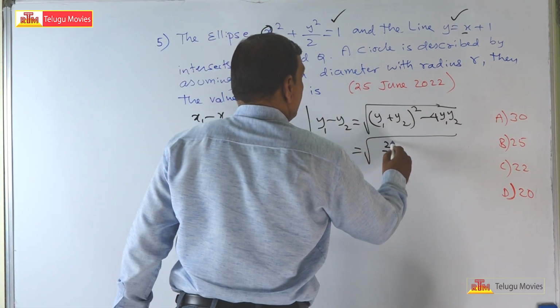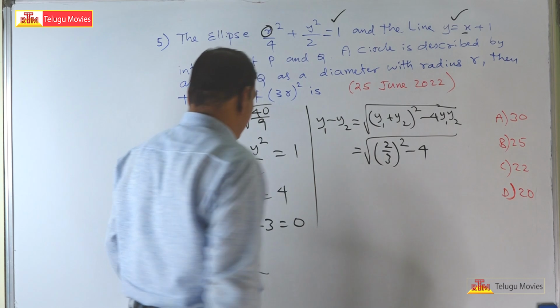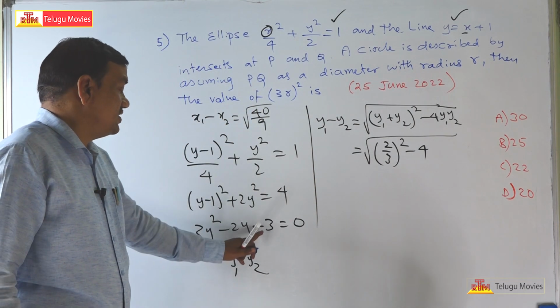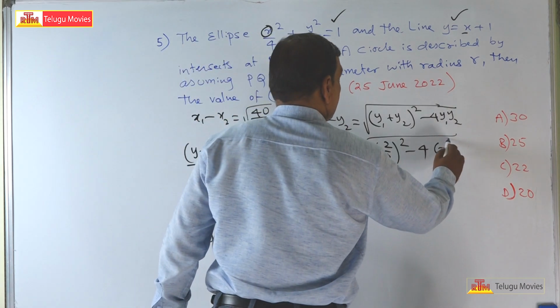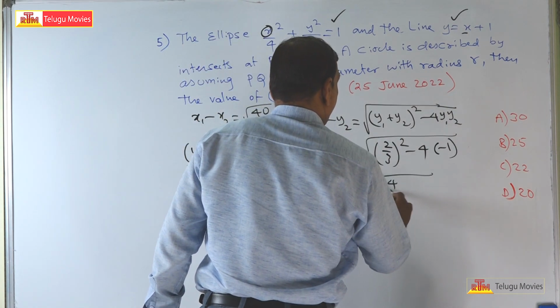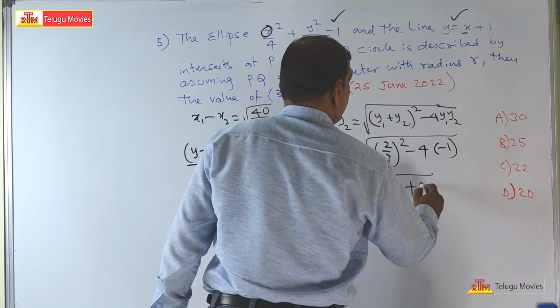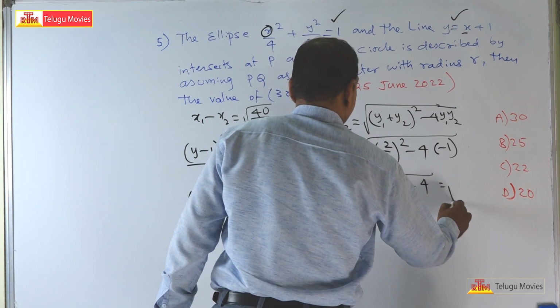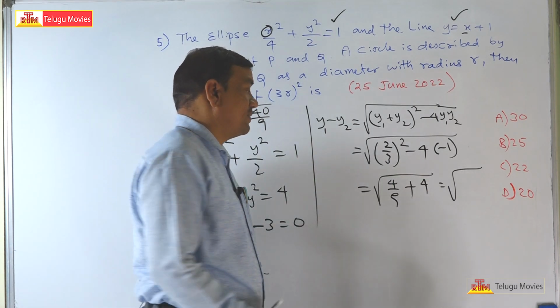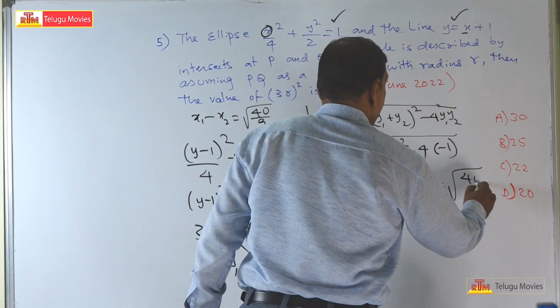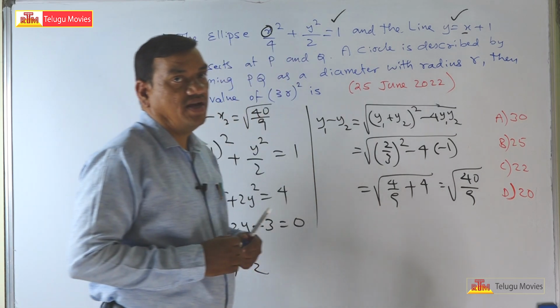So 2 by 3 whole square minus 4 times the product of the roots, c by a, minus 3 by 1, that is minus 1. So that is 4 by 9 plus 4, equal to under square root of 36 plus 4, 40 by 9. So very clear.